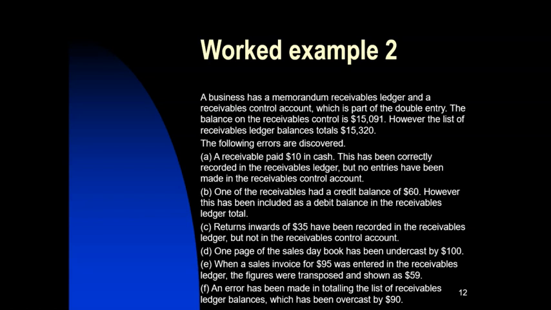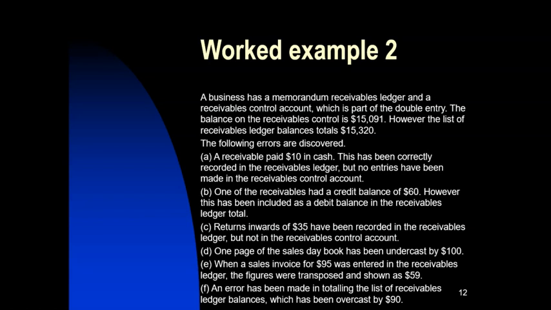A business has a memorandum receivables ledger and a receivables control account, which is part of the double entry. The balance on the receivables control is 15,091.